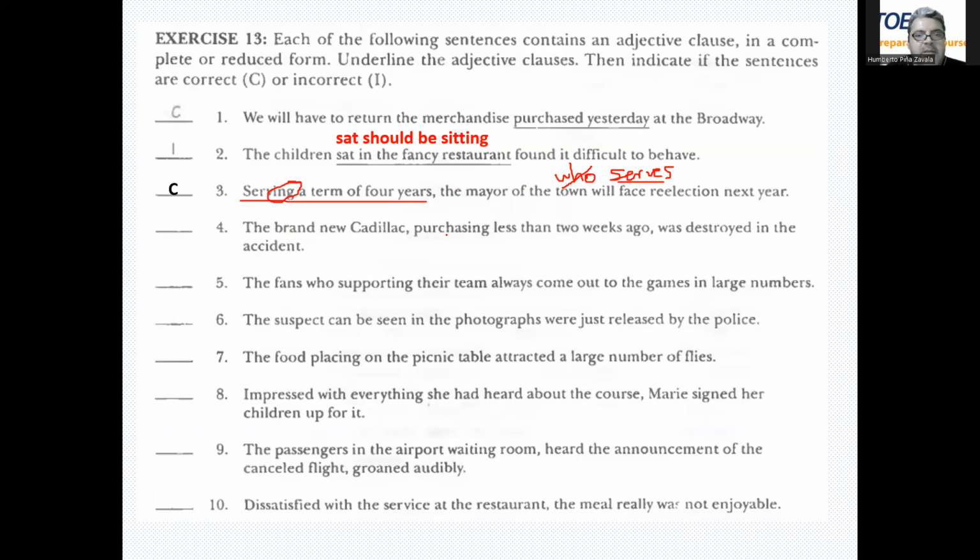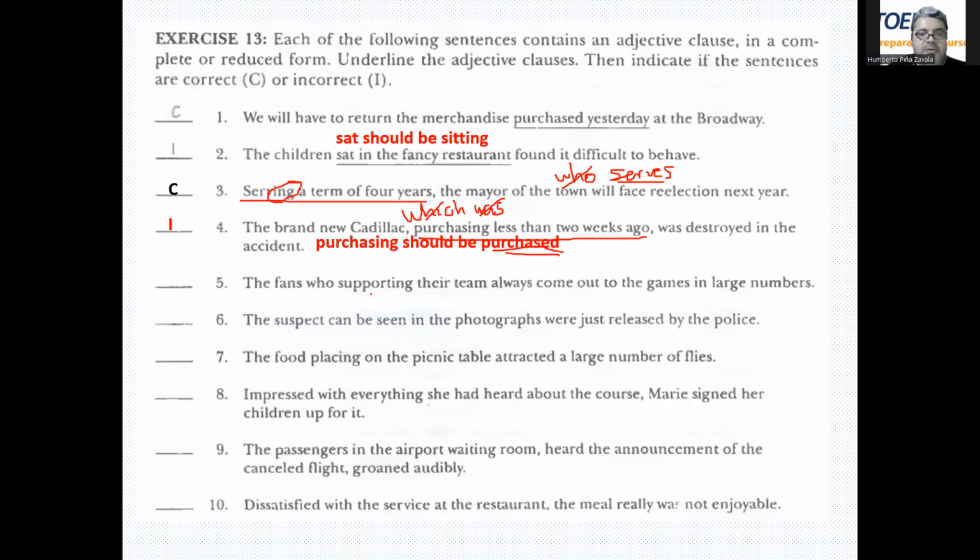The brand new Cadillac, purchased in less than 2 weeks ago, was destroyed in the accident. Here you can see it's a problem because it would be the brand new Cadillac, which was purchased less than 2 weeks ago, was destroyed in the accident. So eliminate which, was, and we just leave purchased.